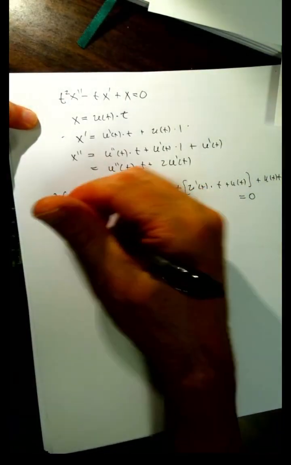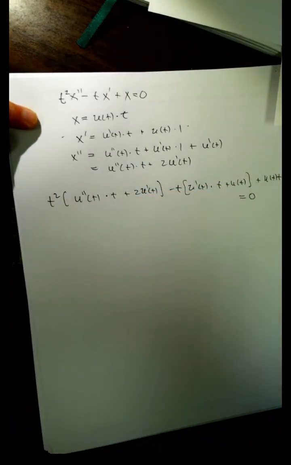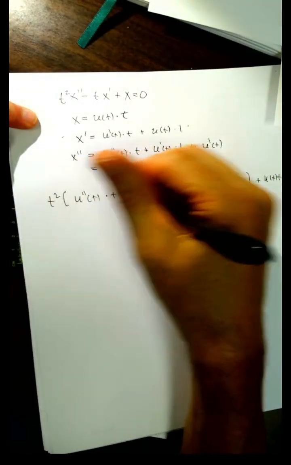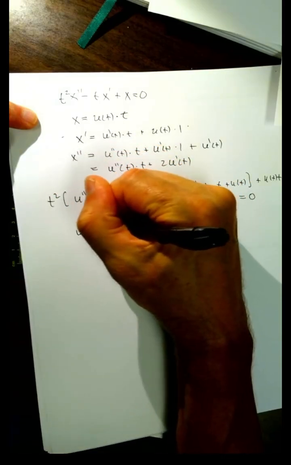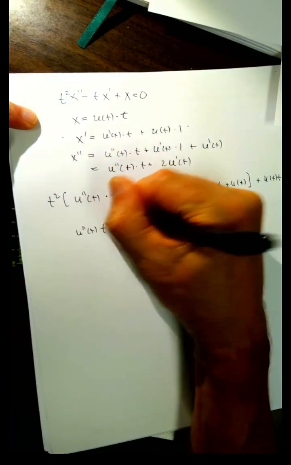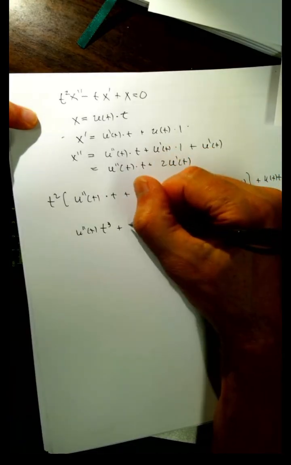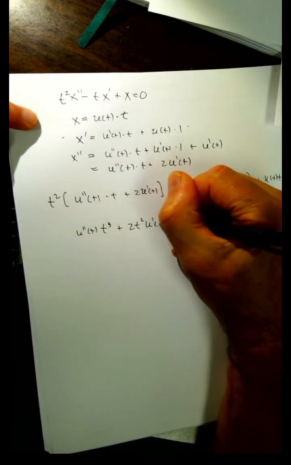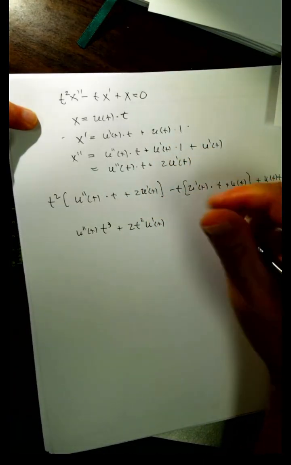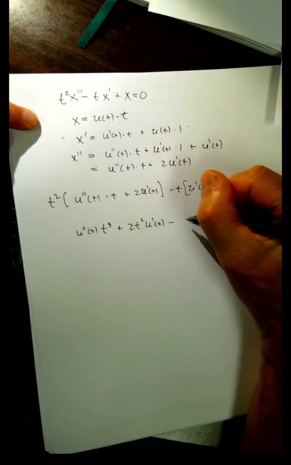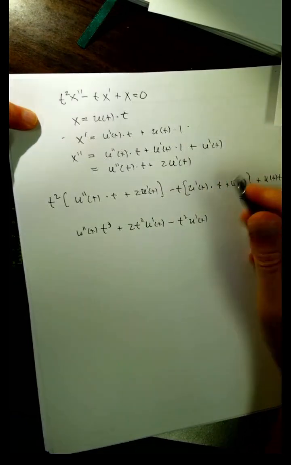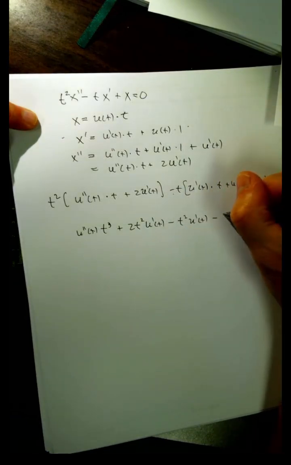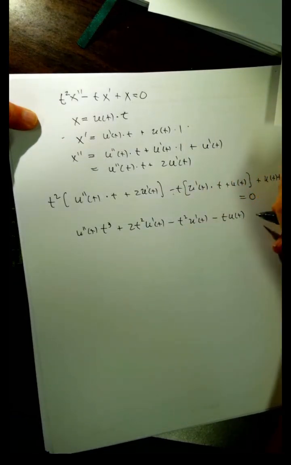So let's just multiply everything through. Just like before, I'm going to expand everything out as far as I can and then collect terms. So this term becomes u double prime times t times t squared, which is t cubed. This becomes 2t squared u prime. Now for this one, I'm going to be careful. I've got a minus. t times t is t squared u prime. Multiply this, I get a minus t u of t.